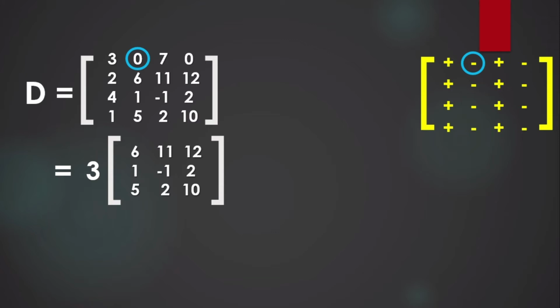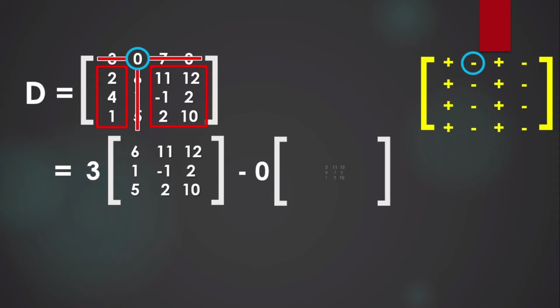Since 0 is in negatives, we will use subtraction here. 0 is in row 1, column 2, so it means that we will eliminate row 1 and column 2. Like that. So the remaining are 2, 4, 1, 11, negative 1, 2, then 12, 2, 10. So that will be our 3 by 3 matrix that needed to be multiplied by 0.